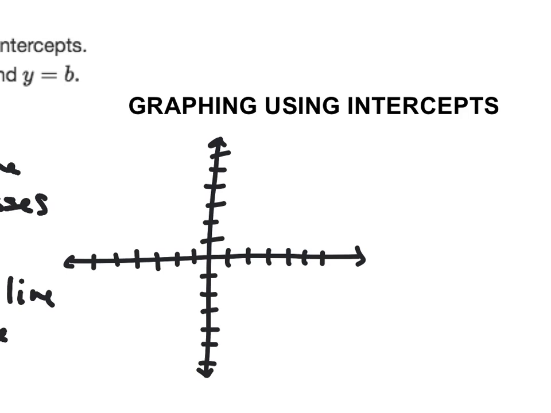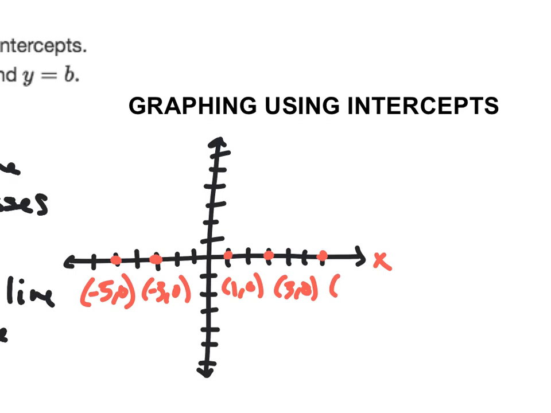All right, so what I want to do is kind of look at a few things. Let's talk about the x-axis real quick, and let's look at any point. I'm just going to identify a couple of points along my x-axis. These points would be the point -5, 0. This would be the point -3, 0, this would be the point, say, 1, 0, this would be the point 3, 0, and this would be the point 6, 0, okay?